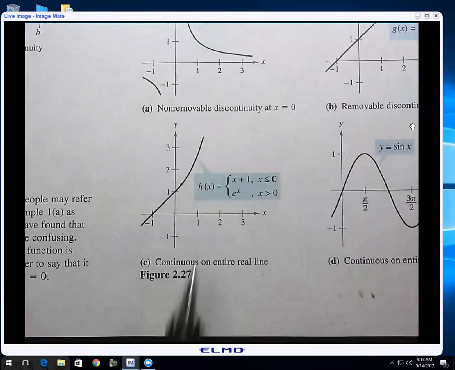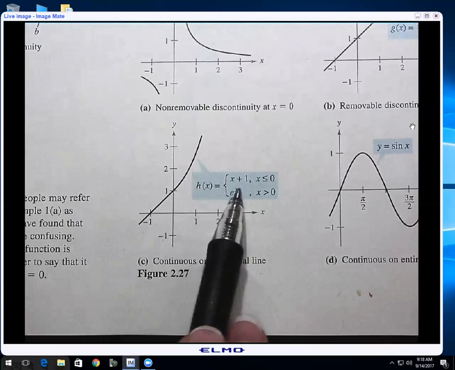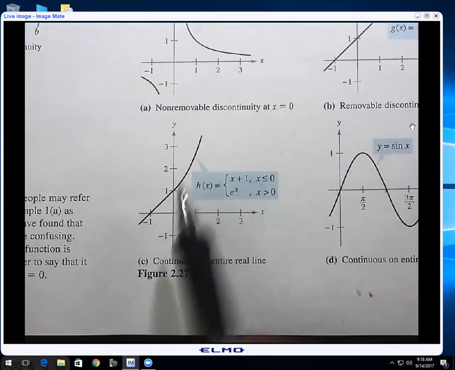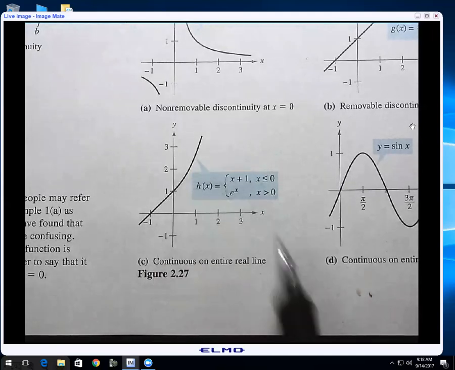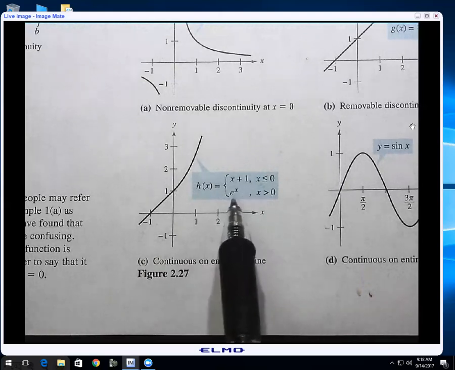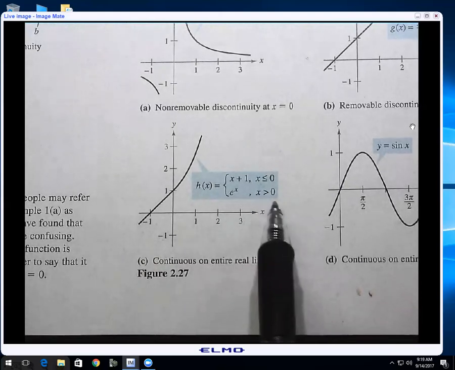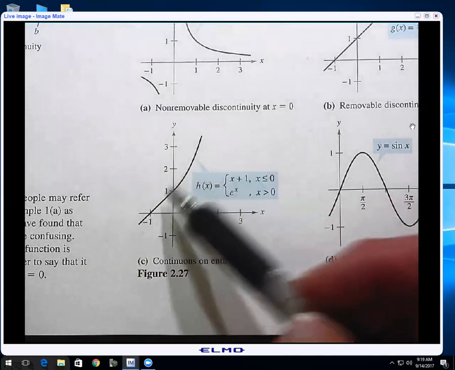Here's a piecewise function. h of x equals x plus 1 for all the x's less than or equal to 0. That means up to the y-axis, it's a straight line. h of x equals e to the x for all the x's greater than 0. That means anything past the y-axis, that's your nice exponential curve.